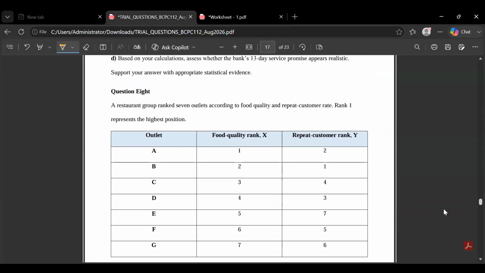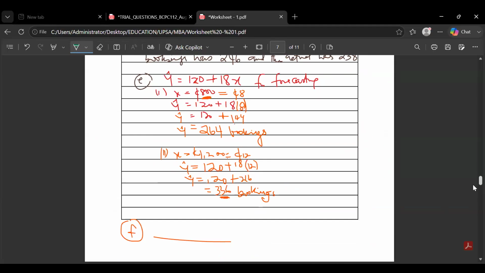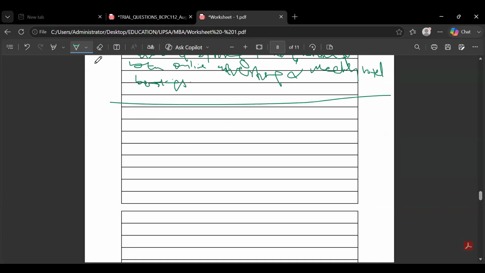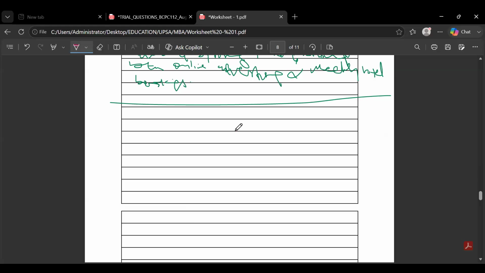This is question 8. Hey, my stylus pen is not writing on the screen.